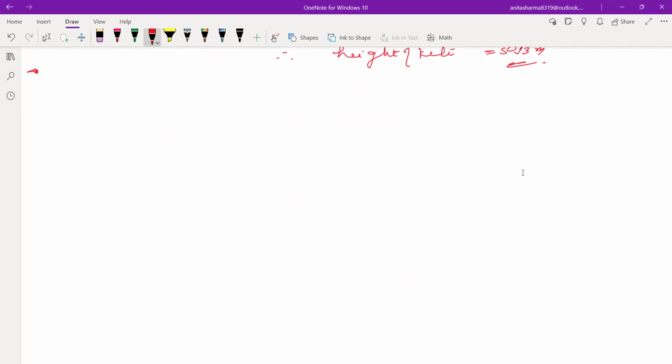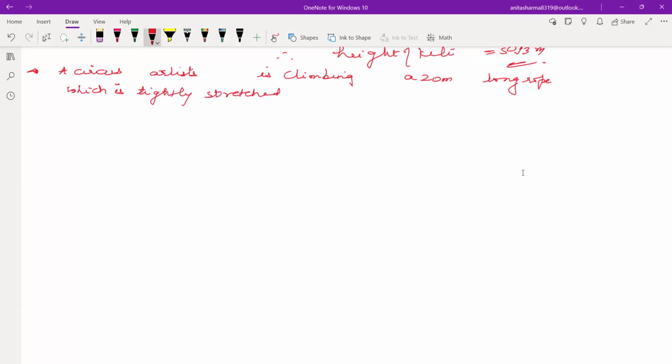Okay, see. A circus artist is climbing a 20-meter long rope which is tightly stretched and tied from the top of a pole to the ground.